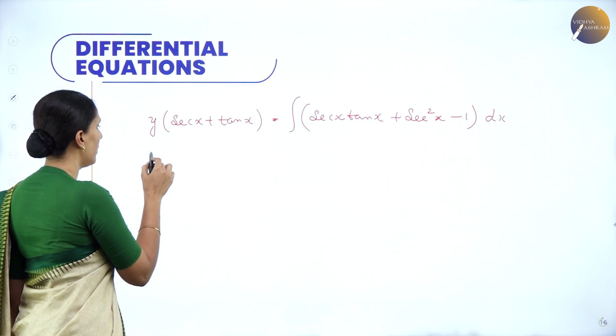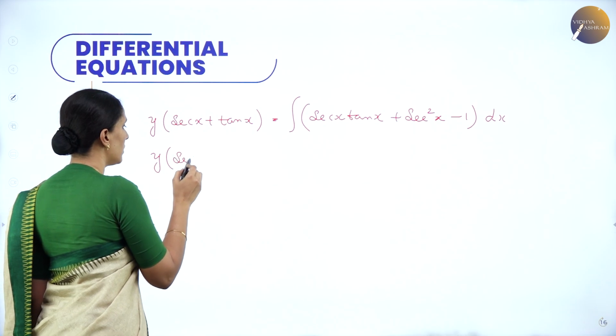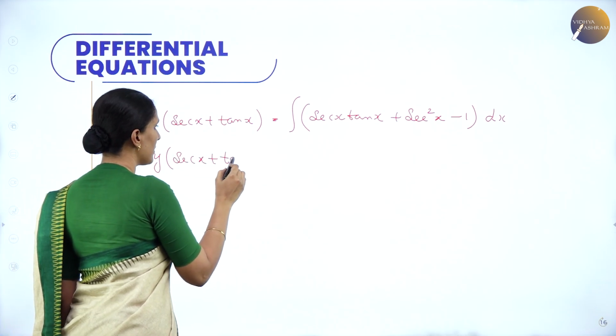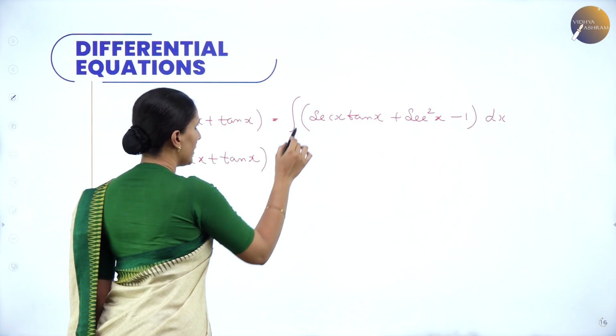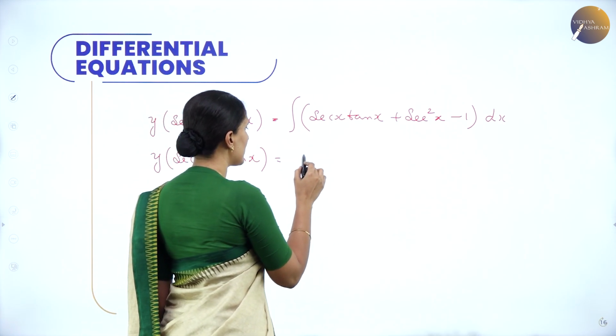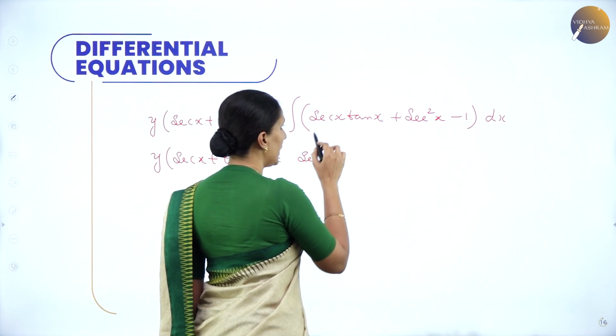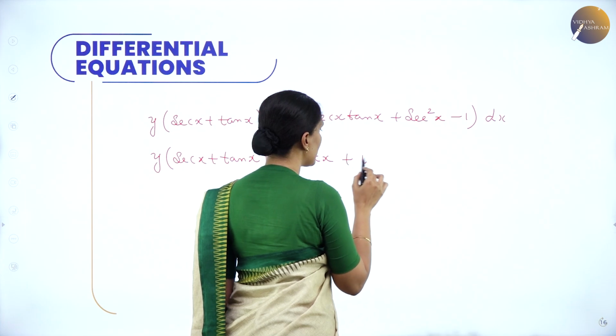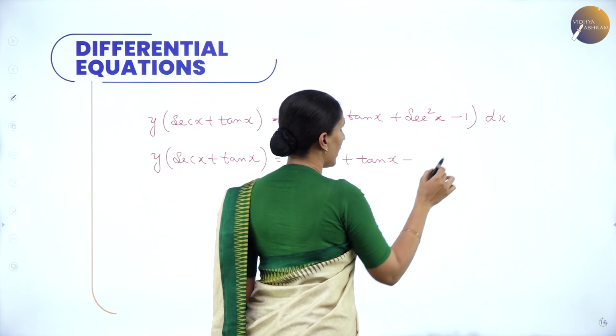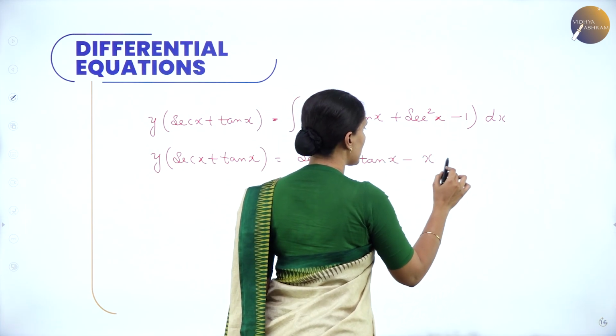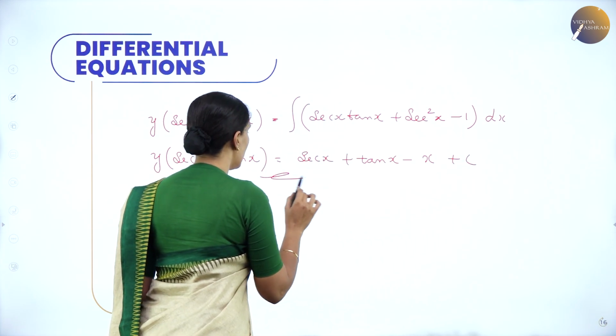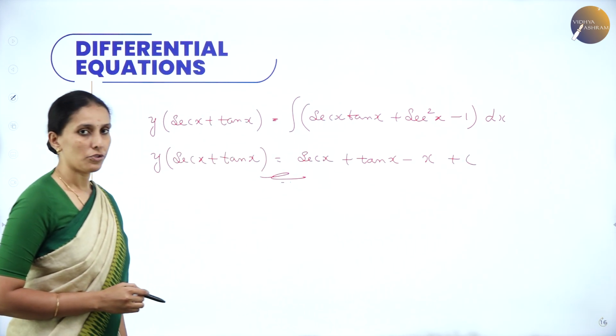Now again y into secant x plus tan x equals: integration of secant x tan x is secant x, integration of secant square x is tan x, integration of 1 dx is x plus c. So this is the required solution.